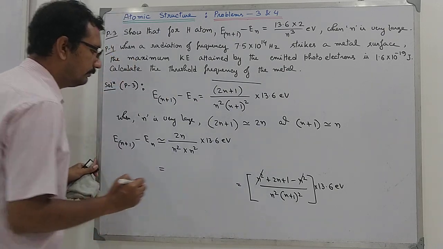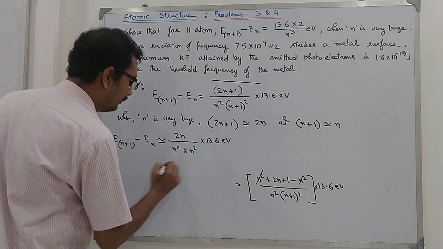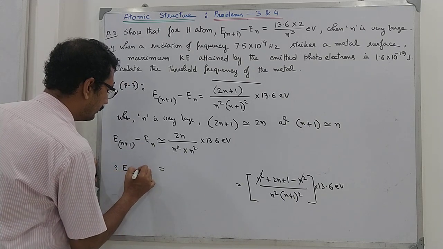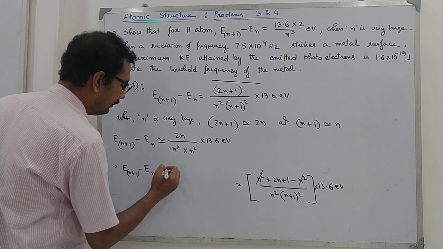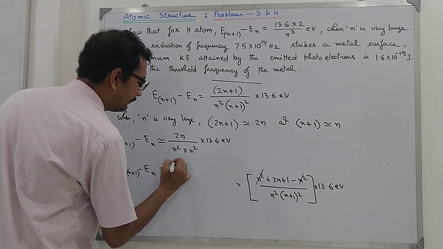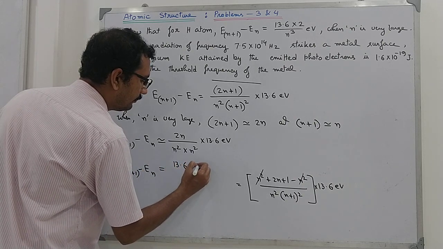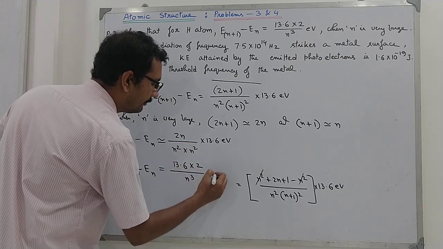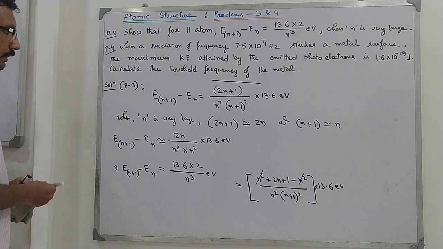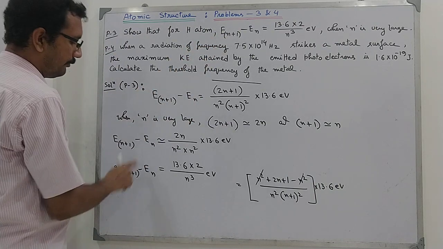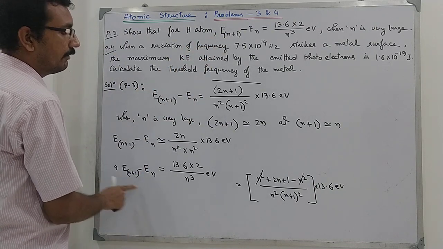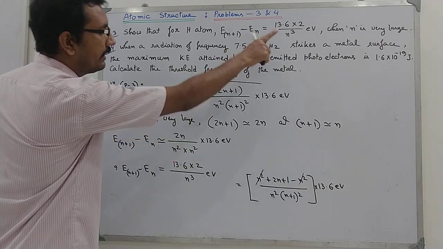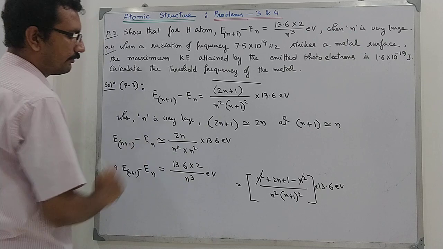Now 1 n will cancel out, so it will be En plus 1 minus En for each atom obviously. It will be 13.6 into 2, 1 n will cancel out and you will get n cube here, so it will be electron volt. So you see, it is proved, LHS equal to RHS. So En plus 1 minus En equals to 13.6 into 2 by n cube electron volt.